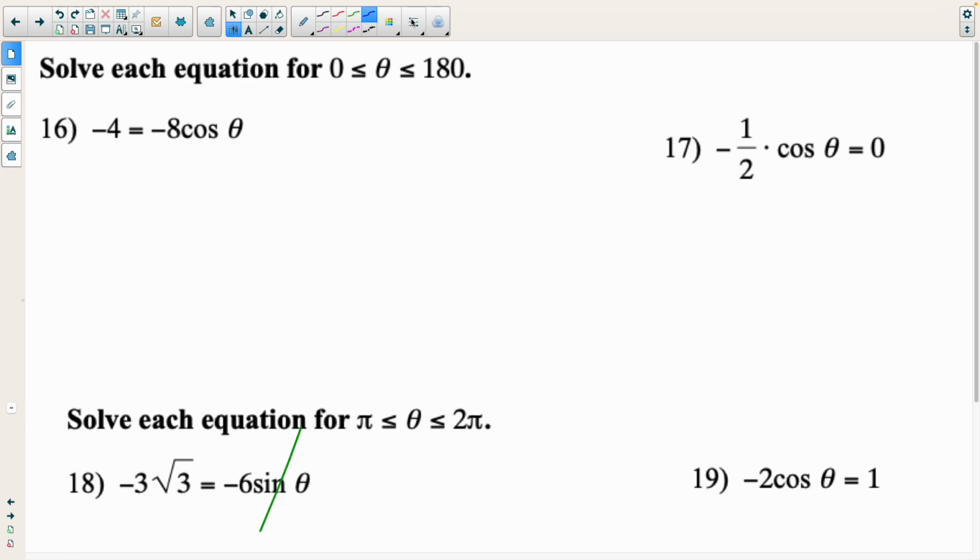All right, so solve this out. We're going to divide by negative 8 to get the cosine 1. And then we want an x coordinate, where I want a theta, all right, degree measure, where the x coordinate is 1/2.